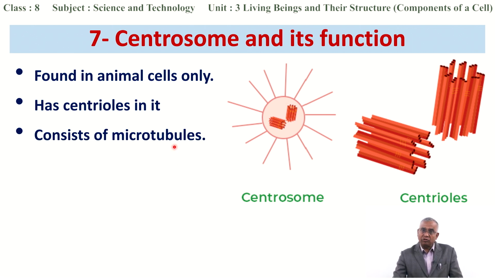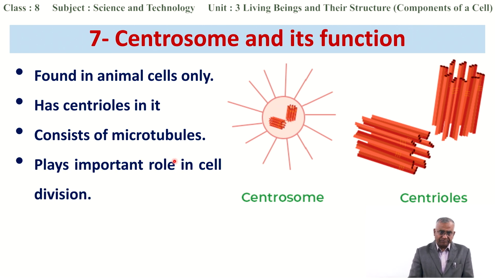It consists of microtubules. So the centrosome as a whole is made up of some tube-like structures of proteins which are called what? Microtubules. In fact, they are protein. I told you that all the components of the cells are made of protein, fat, carbohydrates. So these centrioles are mainly made of what? Microtubules. They are protein. Okay.